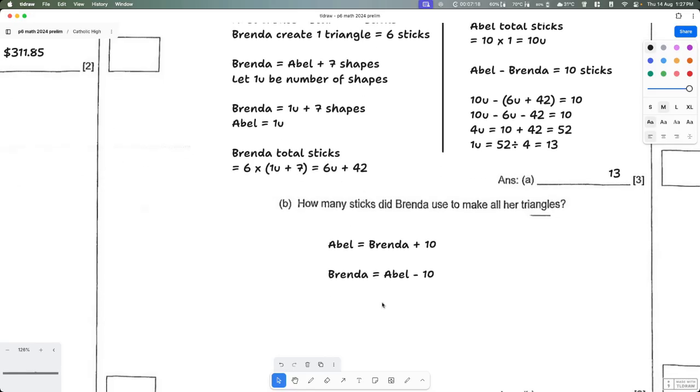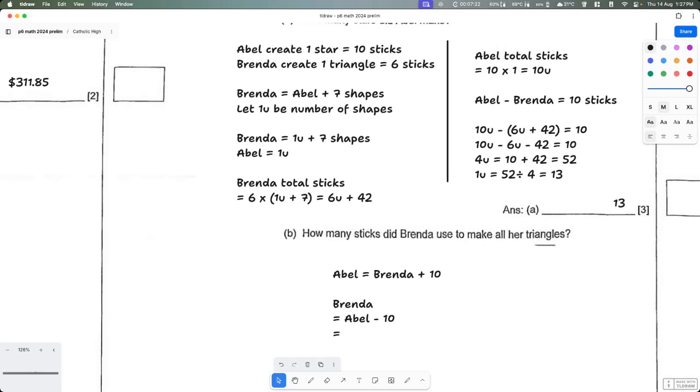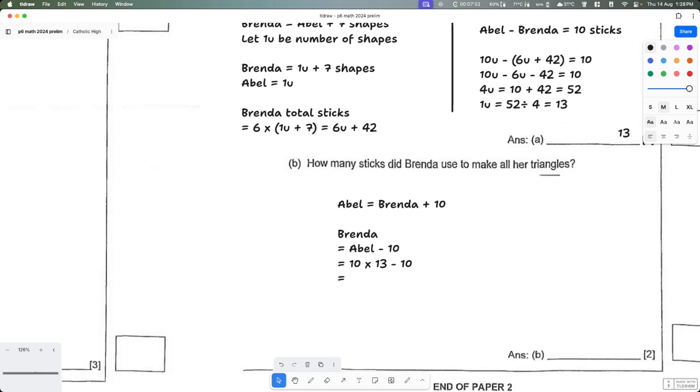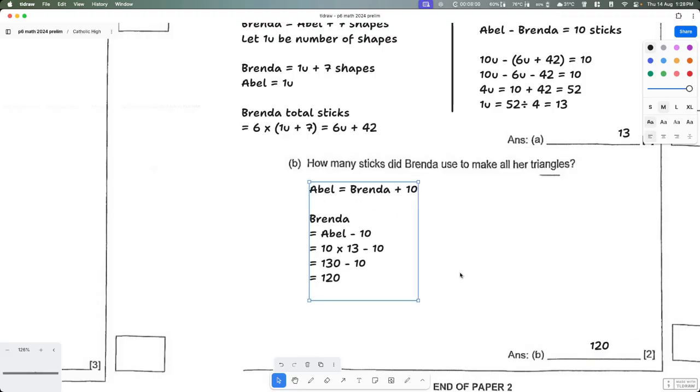And we know how much Abel is: Abel uses 10 units, so that's 10 times 13 minus 10. Basically it's 130 minus 10, and this will give us 120. So the answer for part B is 120.